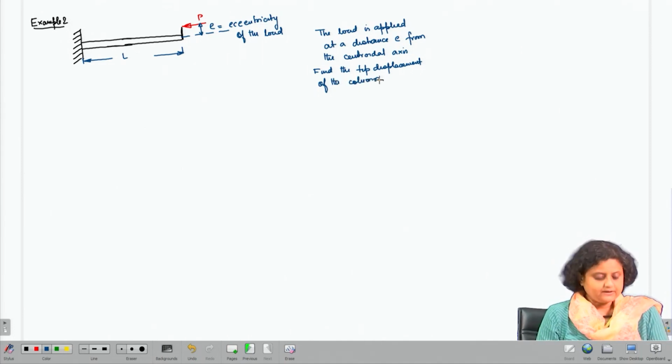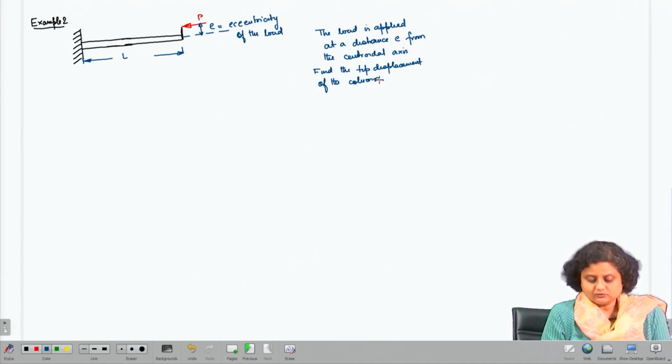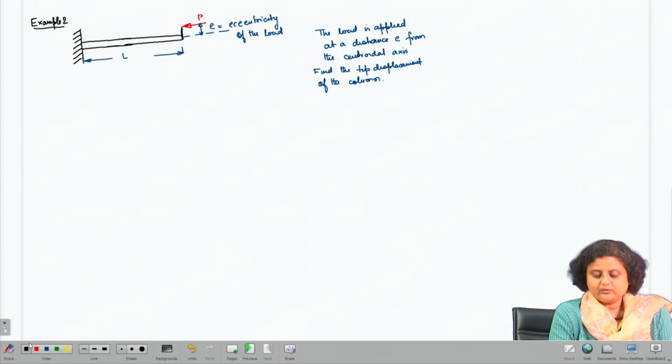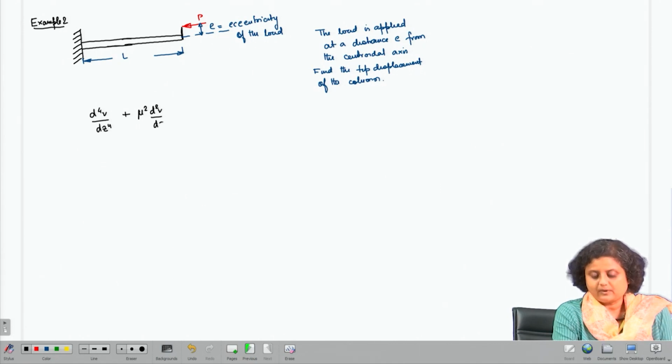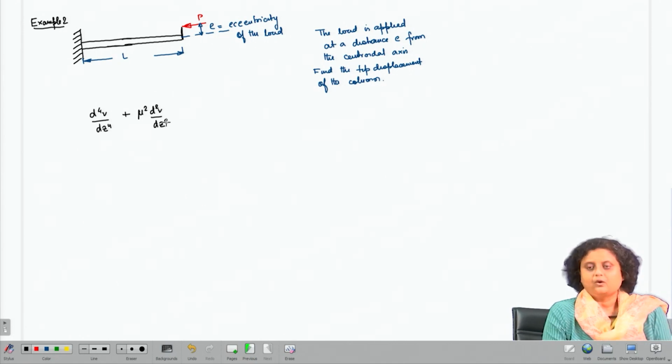Now, if we intend to do so, how are we going to solve the problem? We have to write down the equation of motion, which we know is d4v by dz4 plus mu square into d2v by dz square equals 0.